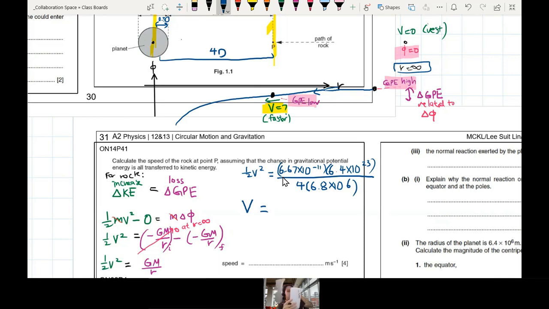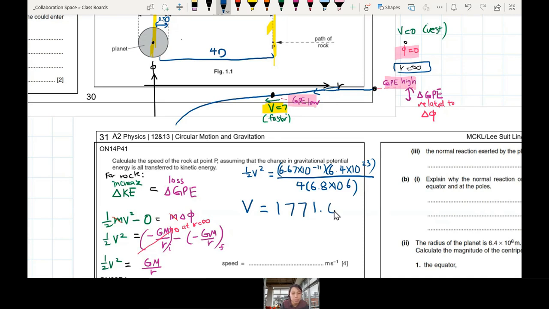Okay, what did y'all get for this velocity? Don't forget the square, the v squared, must square root. Rounded, we can round. Okay, so I got 1772.